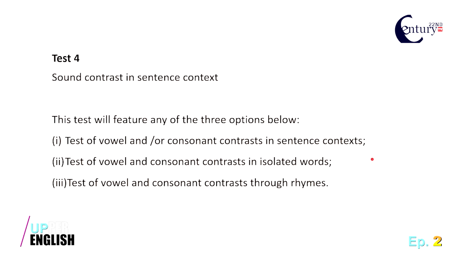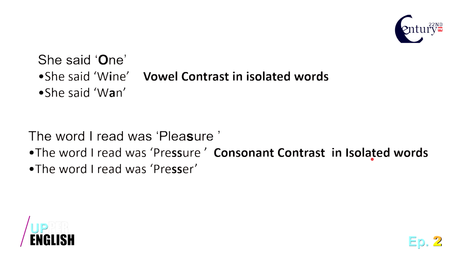That is if they want to check for the vowel quality or consonant quality in isolated words. Again, that will be read in a sentence. And the last one will be a test of vowel and consonant contrast through rhymes. So examiners will choose one of these for a given year. Okay, that is it. Let me give you some examples of how this goes.